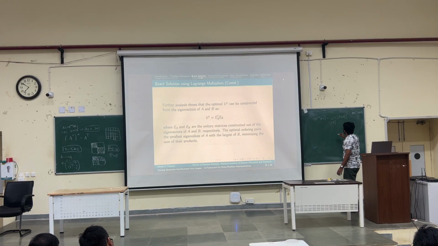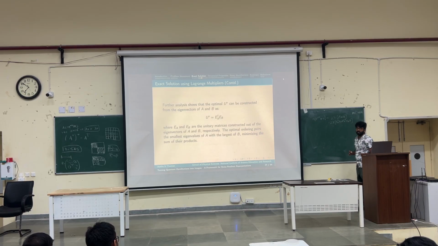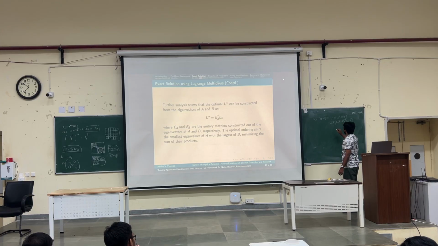So what I will get is EB dagger EA, A, EA dagger EB. Trace is invariant under cyclic rotations. So I will just take this EB dagger.